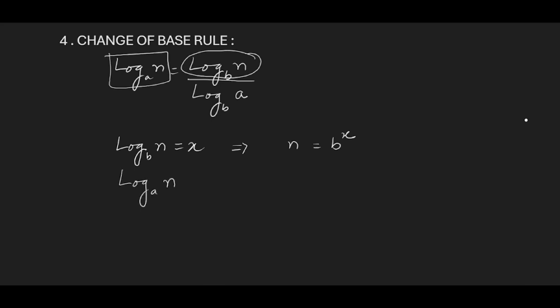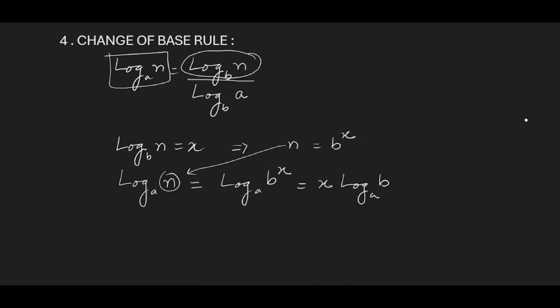Okay, it would be equal to n की वैल्यू हम यहाँ से पुट करेंगे. What it would be? Log of a b to the power x. Okay, and that would be, as you already know that x will come first. ये आपने rule apply किया है, power rule. Okay, so that would be x log base a of b.